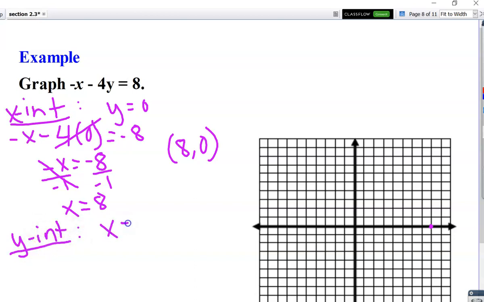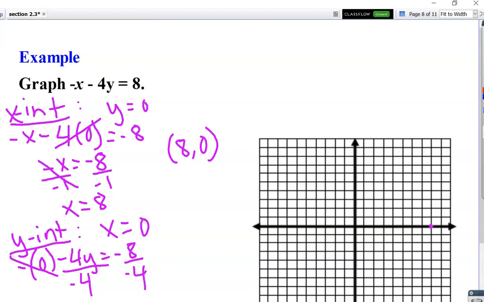And for the y-intercept, we substitute 0 in place of x. We can cross off the 0. There's still a negative sign, so be careful. When you divide both sides by negative 4, we should get that y equals 2.